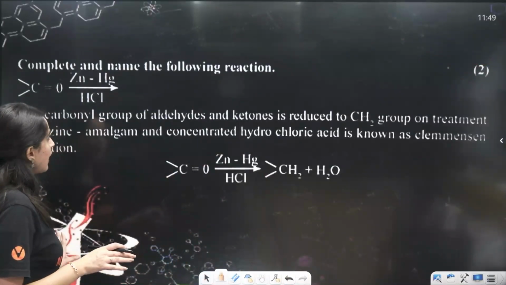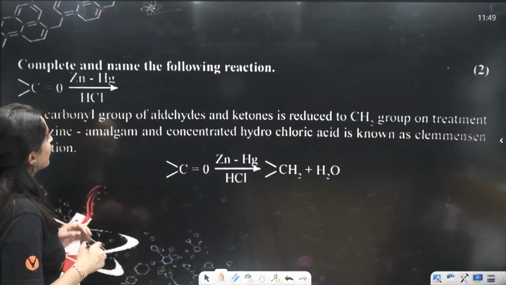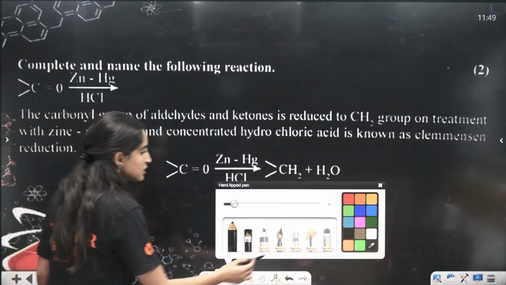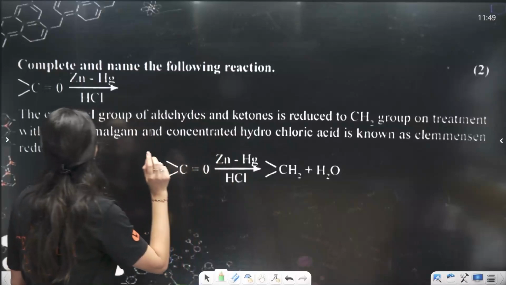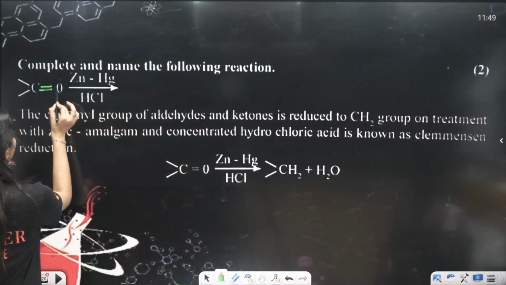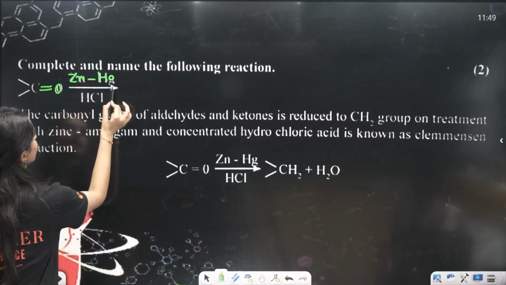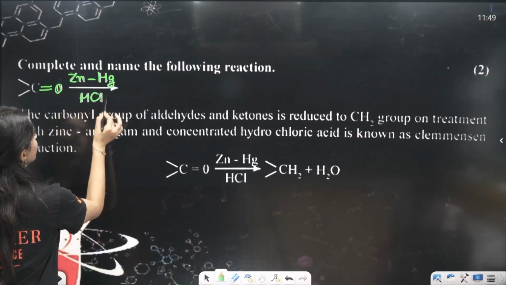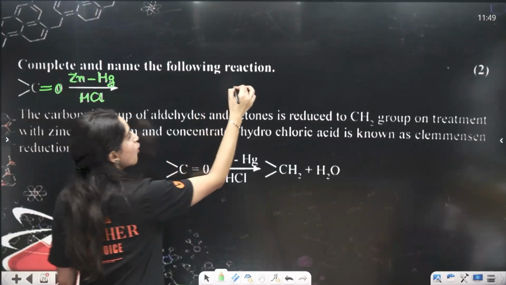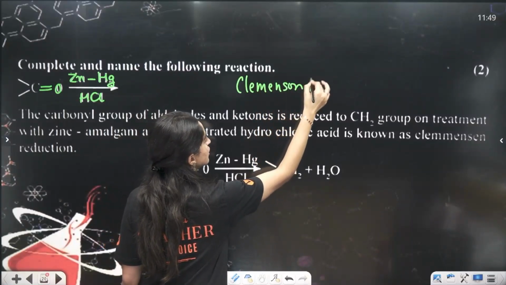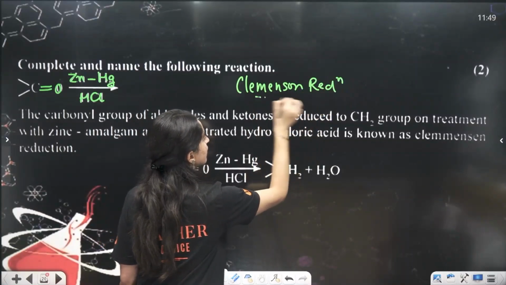Okay. Next is: complete and name the following reaction. You have to complete and name the following reaction. So you have this reaction, C double bond O in the presence of Zn-Hg, zinc amalgam, and in acidic condition. So students, this is called Clemmensen reduction. So what happened in Clemmensen reduction?